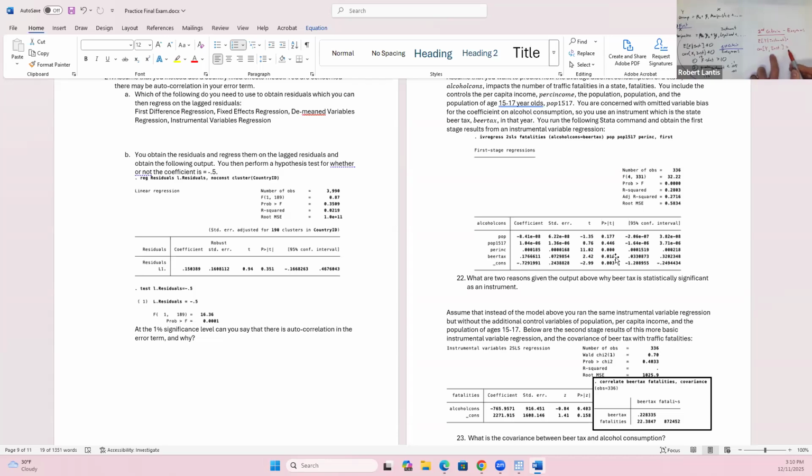The covariance should be 0, right? So for that second criteria to be met, our instrument needs to be uncorrelated with Y. It needed to be correlated with our X variable, but uncorrelated with Y. So what's a regression I could run to look at this?